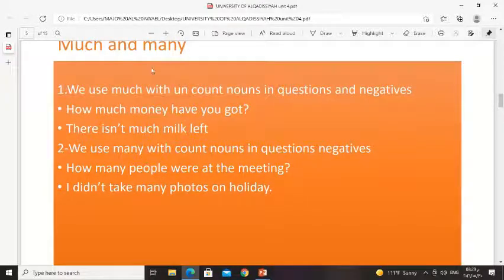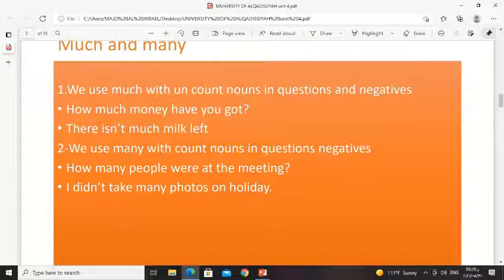Much and many. We use much with uncountable nouns in questions and negatives. انتبهوا لاستخدامات much و many. How much money have you got? Money is an uncountable noun. There isn't much milk left. We use much in a question and in negative.